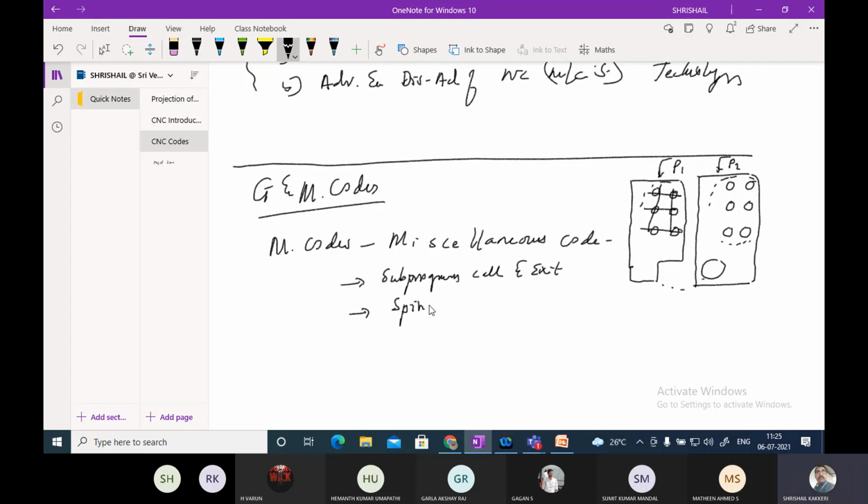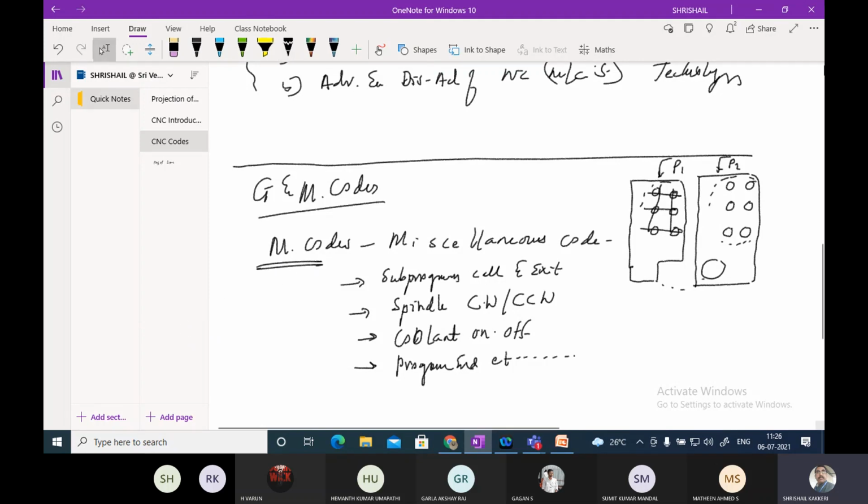We also use M codes to give spindle clockwise or counterclockwise rotation, for coolant on and off, and another one for the program end, etc. M codes will be used.